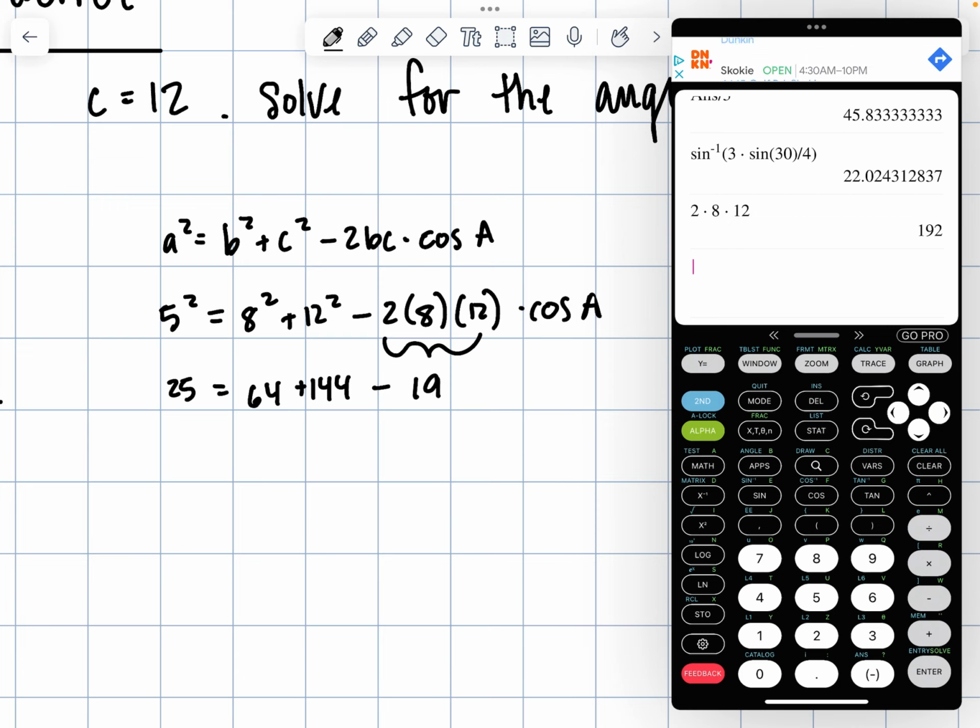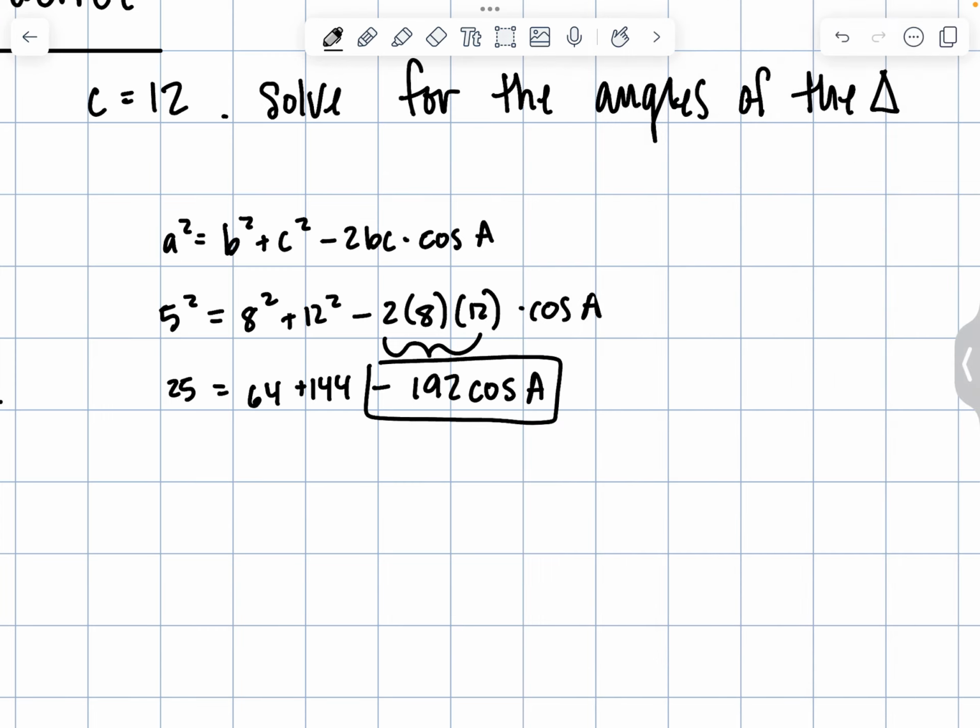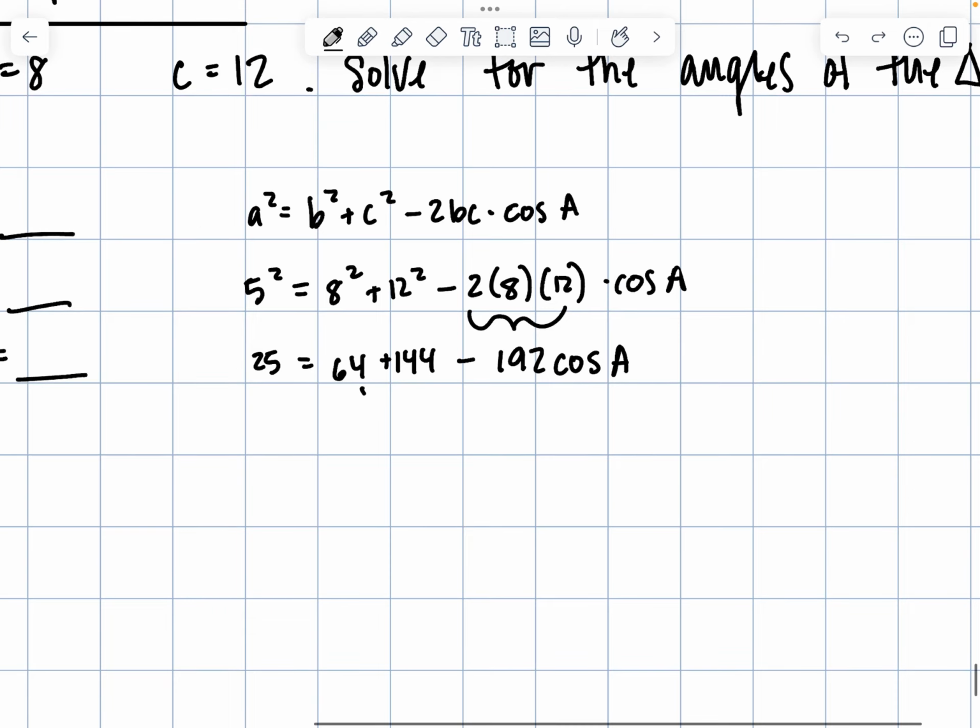So this is minus 192 cosine of A. So very, very important that this is all one piece. Okay? So add these two together, we get 208. We get 25 here is equal to 208 minus 192 cosine A.